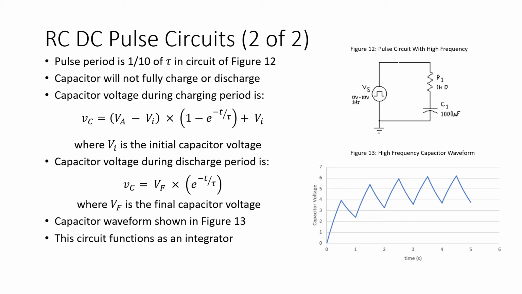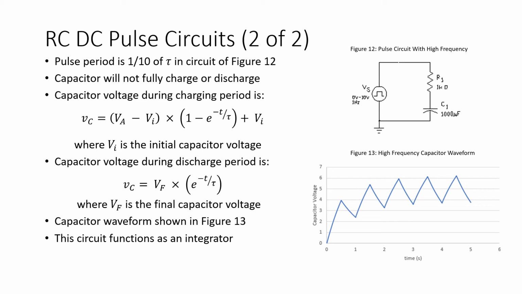Now we have to modify the equation shown when we looked at the charging and discharging of a capacitor, because we have to take into account the initial voltage across the capacitor.